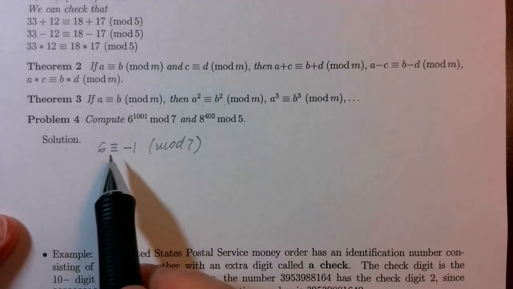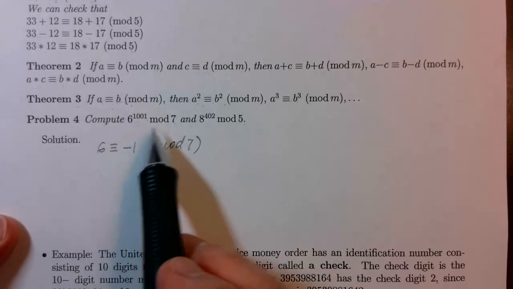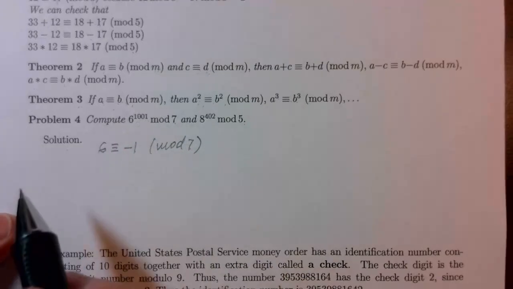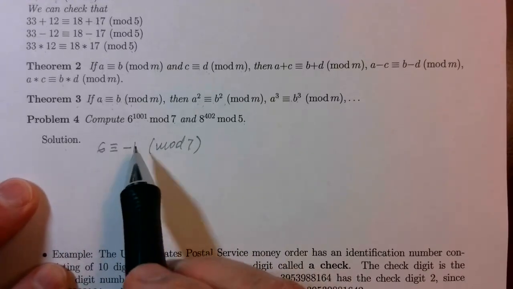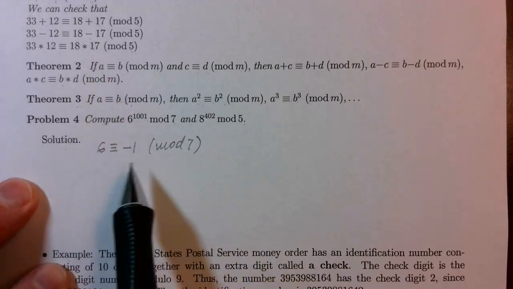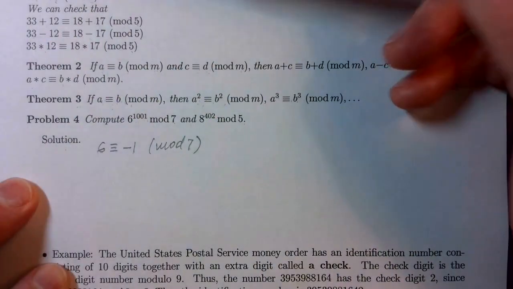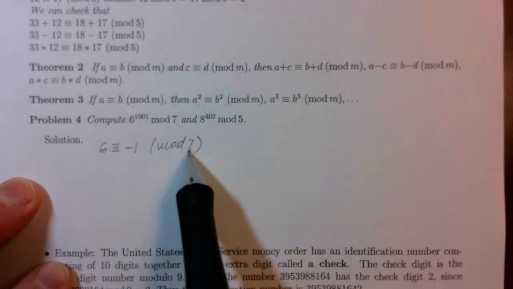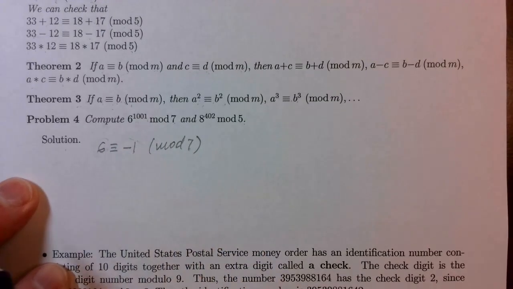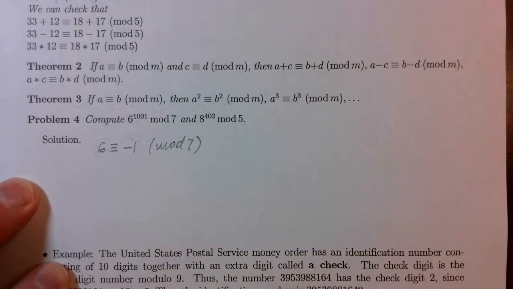So if you subtract 7 from 6, you'll get a number congruent to 6. Another way to check this is to apply the definition. The remainder of 6 is 6, and the remainder of -1 mod 7 is also 6. So this is true.